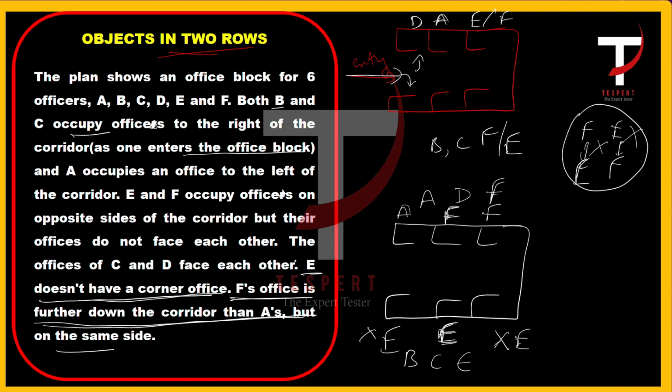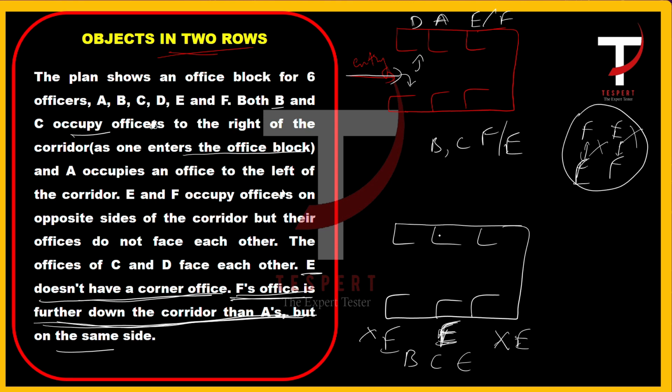And the offices of C and D face each other. So let me clear this first. So here F's office is further down the corridor than A's.